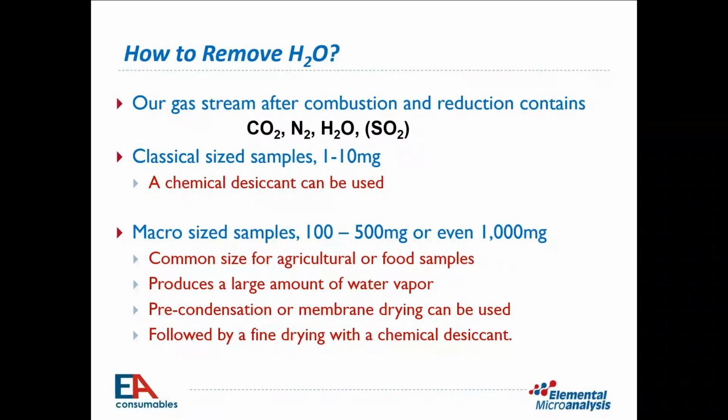However, for macro analysis sizes of 100, 500 milligrams, even 1,000 milligrams are not uncommon. For food or agricultural samples, this can produce a large amount of water vapor. So some analyzers will use a combination of pre-condensation or membrane drying, followed by fine drying with a chemical desiccant.